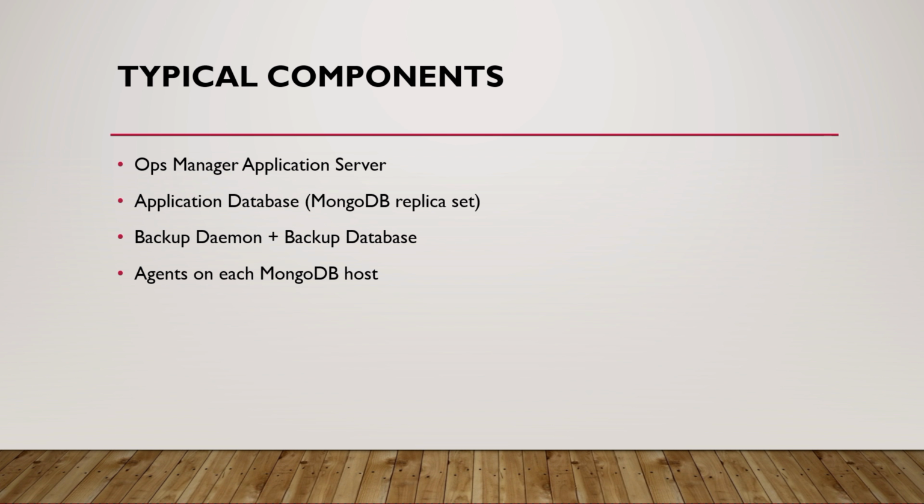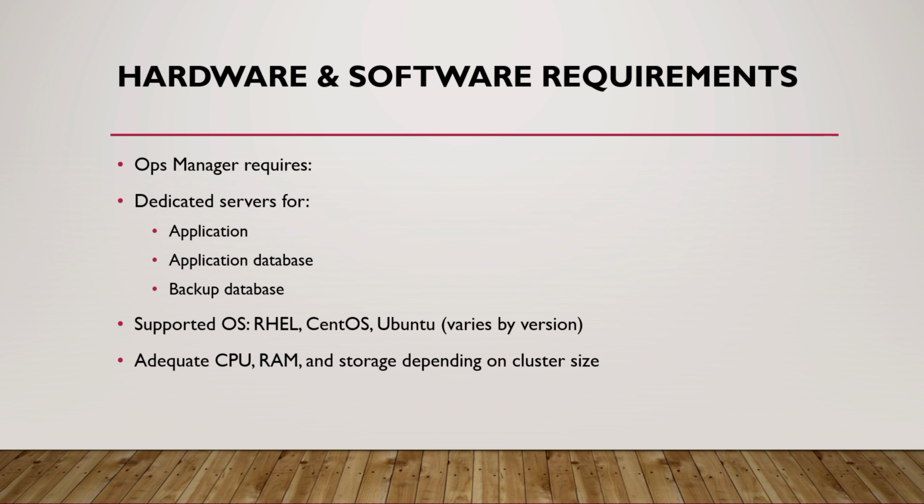What are the typical components? Ops Manager application server, application database, which is a MongoDB replica set, backup daemon and backup database, and agents on each MongoDB host. So hardware and software requirements. It requires dedicated servers for the application database and backup database.